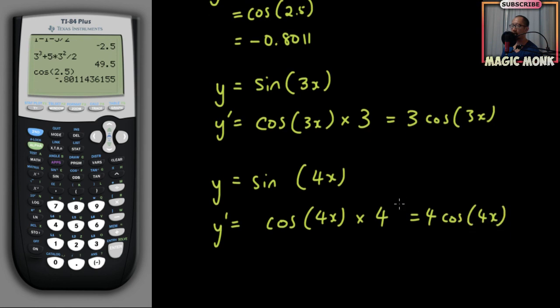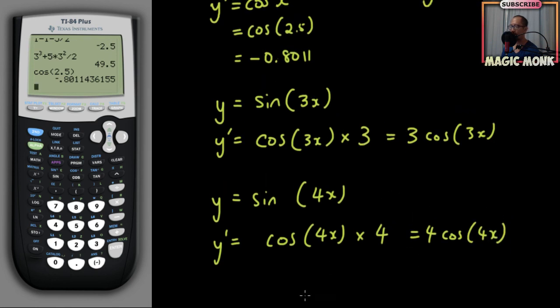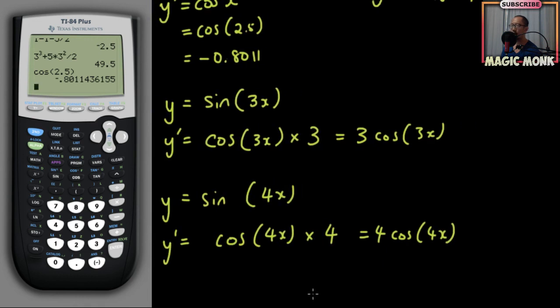Just to show you that it's right, let's graph this equation. I go y equals, clear the graph that was there, and type in sine 3x and press enter. Graph it, and you get something like that.